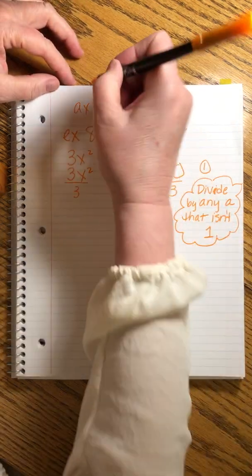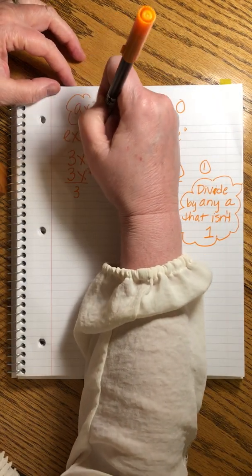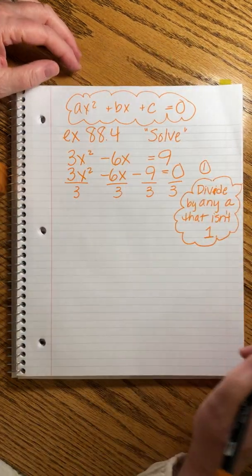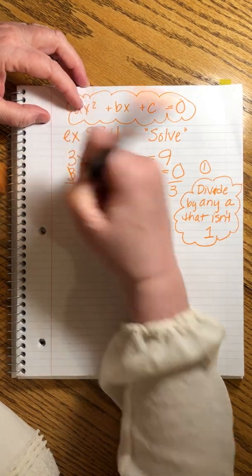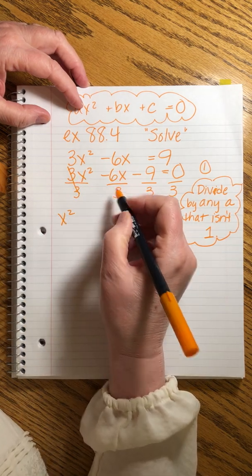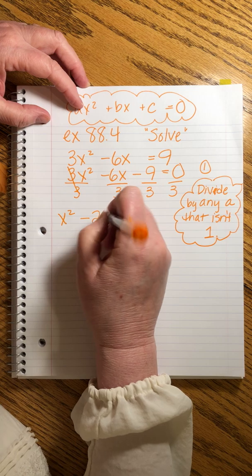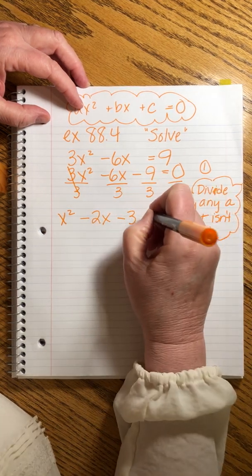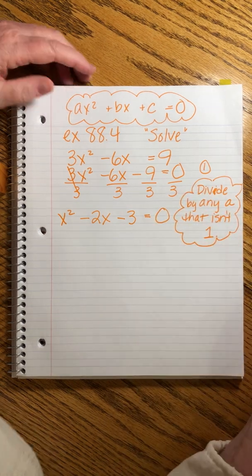Later, we'll deal with this in other ways, but for now, just trust John that if you divide away by that a term, the other numbers will come out fine. The 3 cancels. Now we have x squared. This becomes 6 over 3, minus 2x, and minus 9 over 3 is minus 3 equals 0.